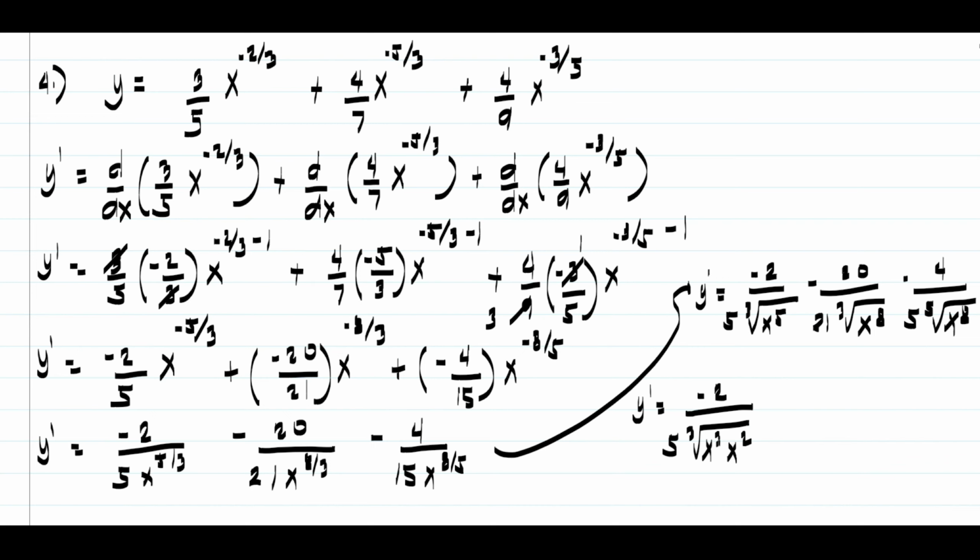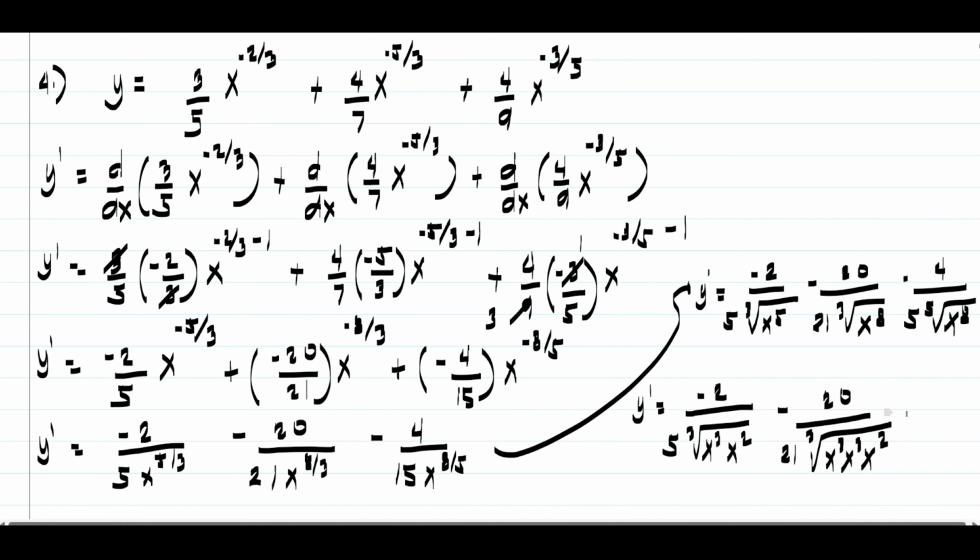And then later on, we are going to get the perfect cube, which is x cubed. And then we have 20 over 21, and our index is 3. We are going to divide the exponent of x by 3. So this is x cubed, x squared.